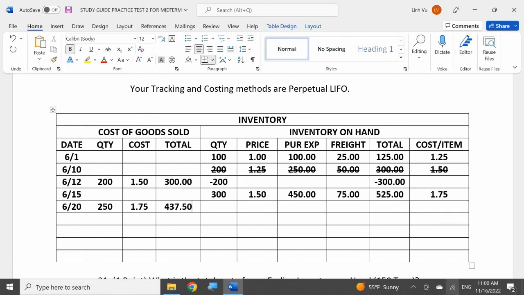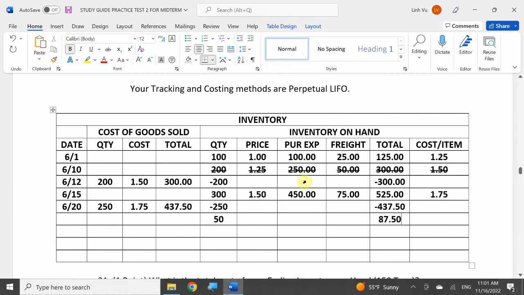Therefore, subtract 250. You should have 50 remaining minus 437.50. Okay, should give you a total of $87.50 left, right?